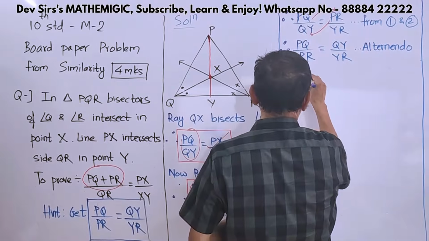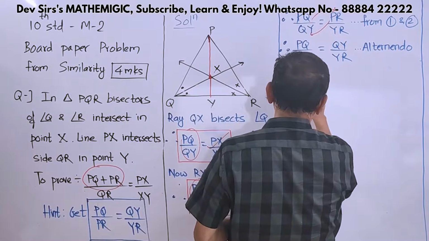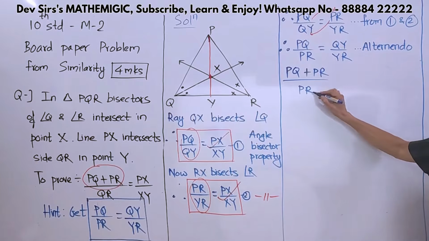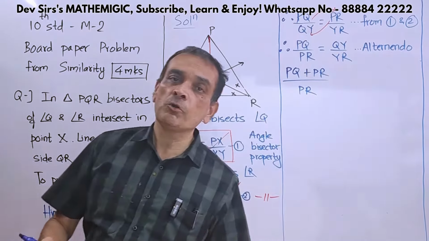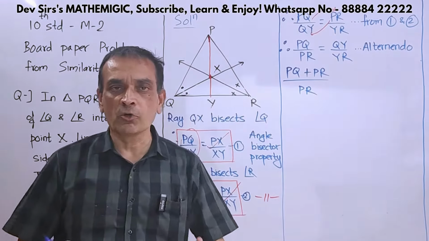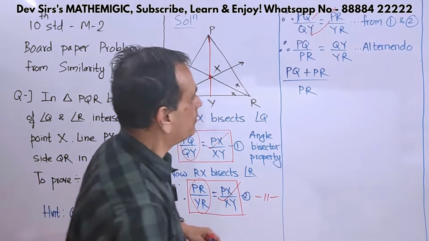PQ plus PR upon PR. Numerator plus denominator upon denominator. It is not componendo dividendo. Componendo dividendo means PQ plus PR upon PQ minus PR. I don't want to do that. There is only one term here. So only componendo.